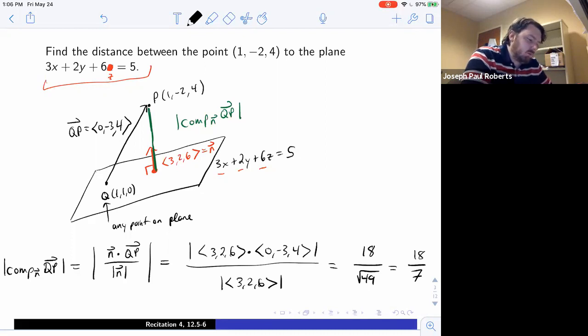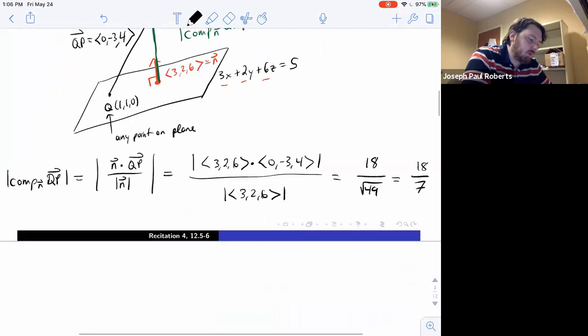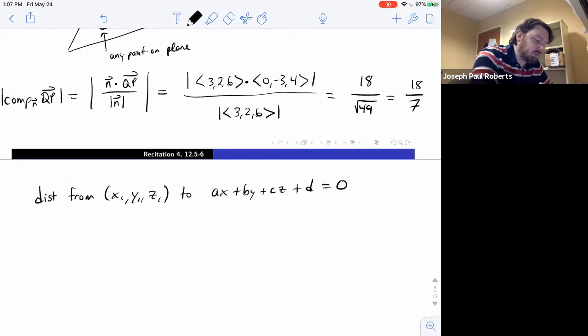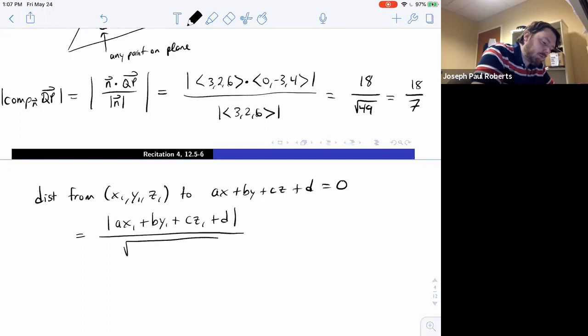The other way you could do this is, in the book, there's that formula, if you care to memorize it, that the distance from (x1, y1, z1) to ax plus by plus cz plus d equals 0 is the absolute value of ax1 plus by1 plus cz1 plus d all over the square root of a squared plus b squared plus c squared.